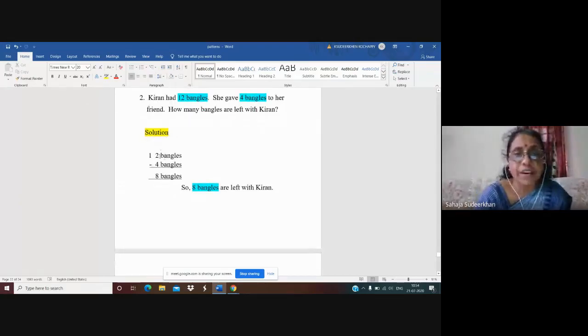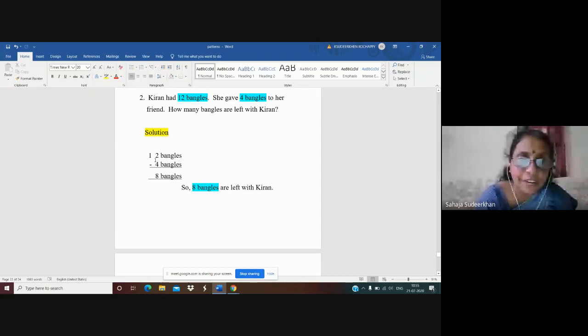See, the solution is here. First number is 12. We will write 12 bangles. It has 2 digits, 1 ten and 2 ones. Then out of 12 bangles she gave 4 to her friend, so we have to write 4 here.